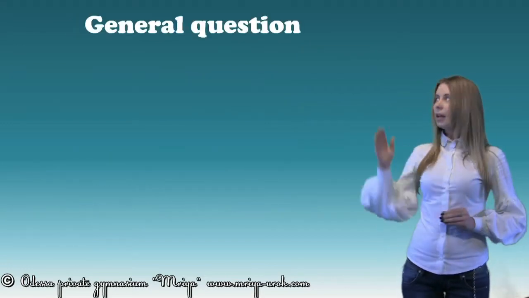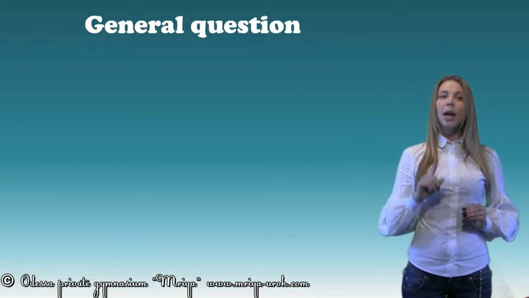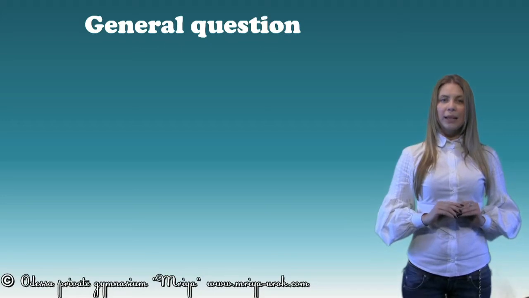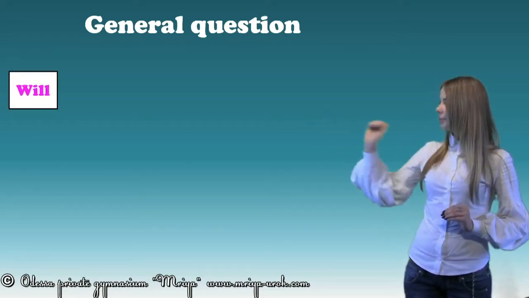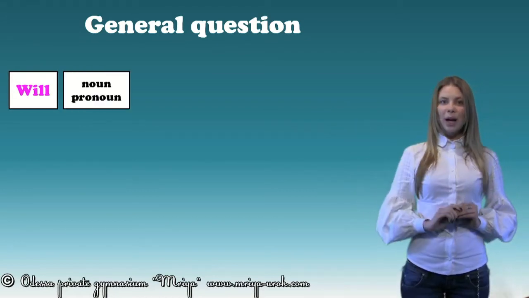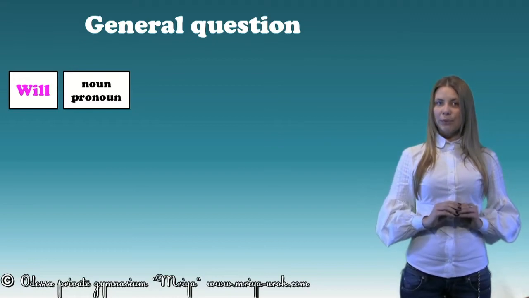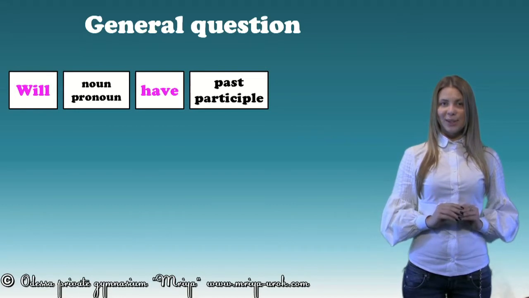How do we make a general question? I remind you that general question is a question without a question word. In order to make it, on the first position you have to put will. Then you have to put your noun or pronoun. After that you have to put have, and on the last position past participle.